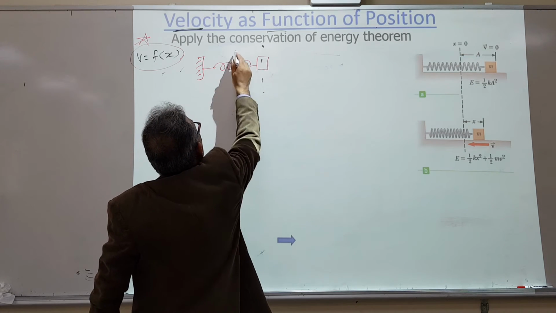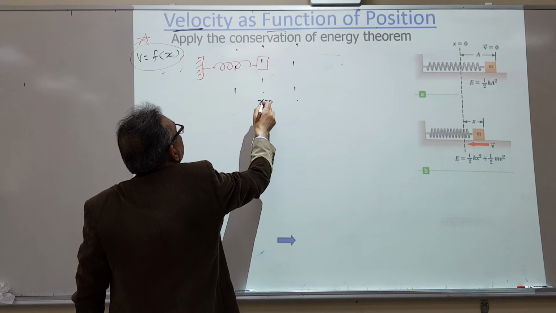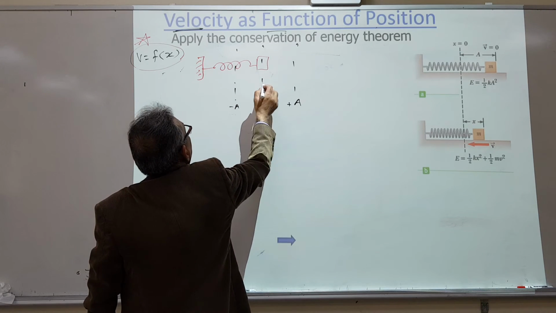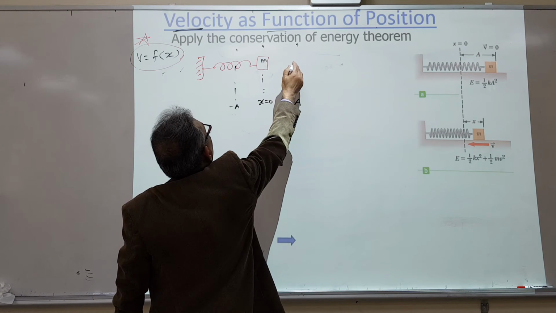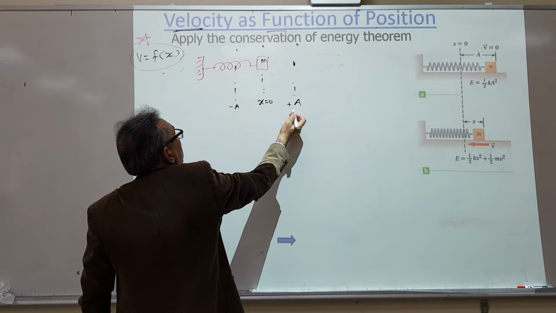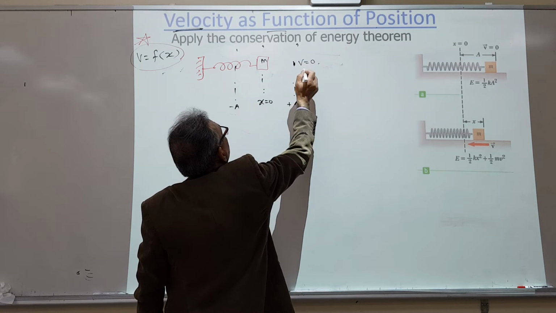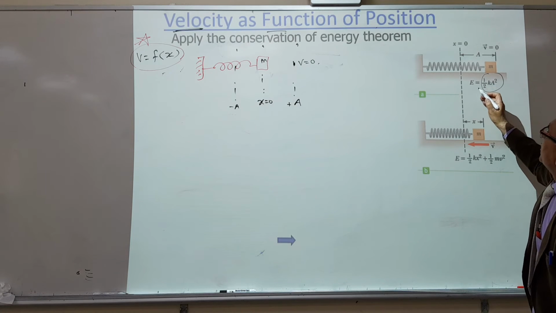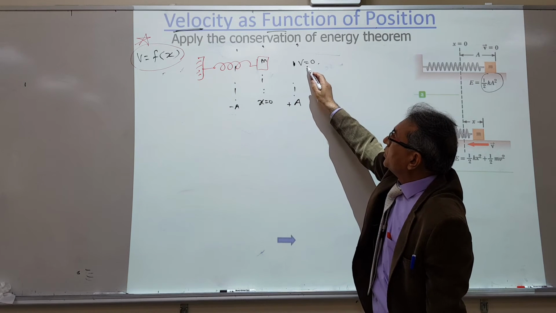If you look again for your better understanding, this is x equal to 0, this is plus A, and this is minus A. At x maximum, which is amplitude on the plus side, velocity becomes 0, and x is maximum, which is A, so you have maximum elastic potential energy, which is the total, because once velocity is 0, kinetic energy half mv square is 0 at this point.